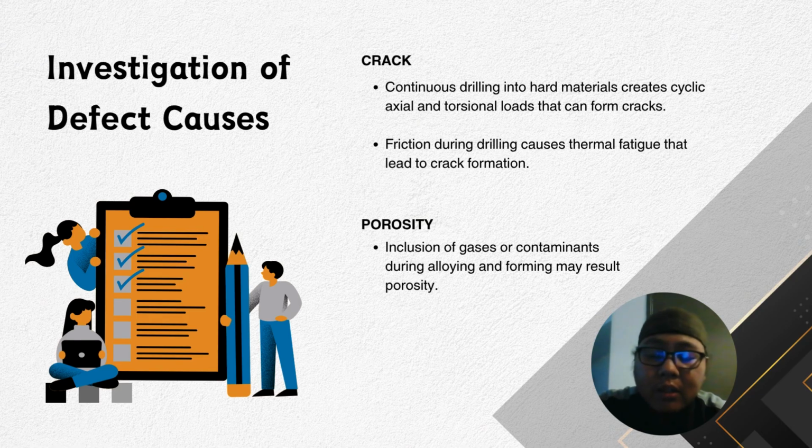This heat can cause thermal fatigue, further contributing to crack formation. Next, we look at the porosity. This defect is often introduced during the manufacturing process, especially the inclusion of gases or contaminants during alloying and forming, which may become trapped in the metal, creating internal voids or pores within the structure.